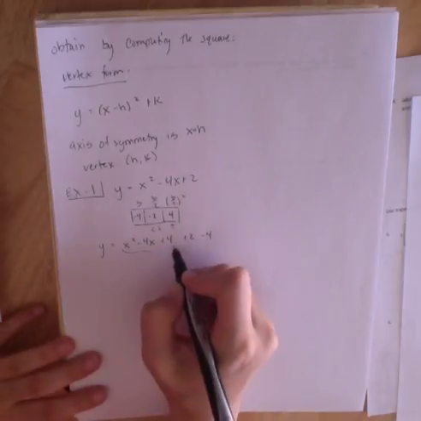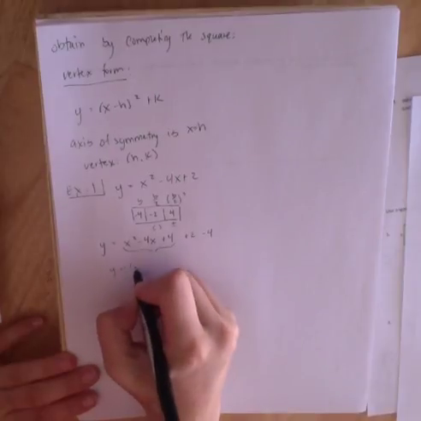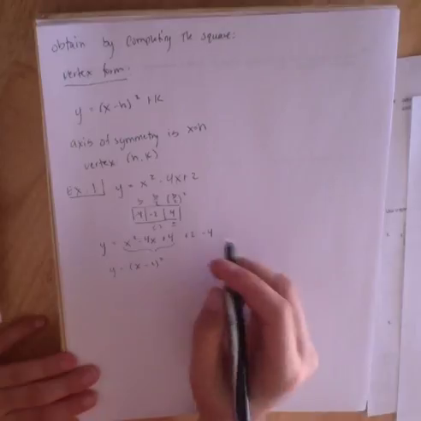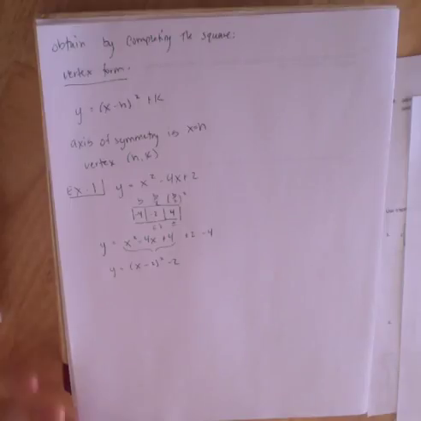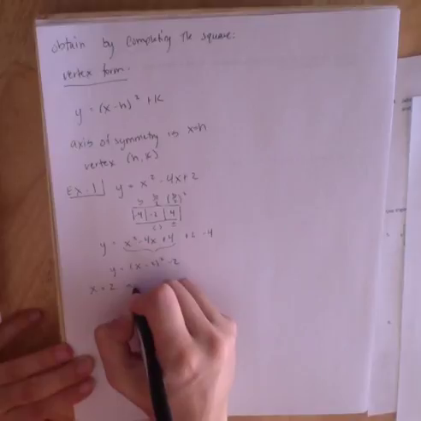Now the reason I do that is this thing here I can factor. I can factor it into (x minus 2) squared. Notice that this is where I get that from. And then I'll have a minus 2 out here. My axis of symmetry, x equals h, x equals 2.